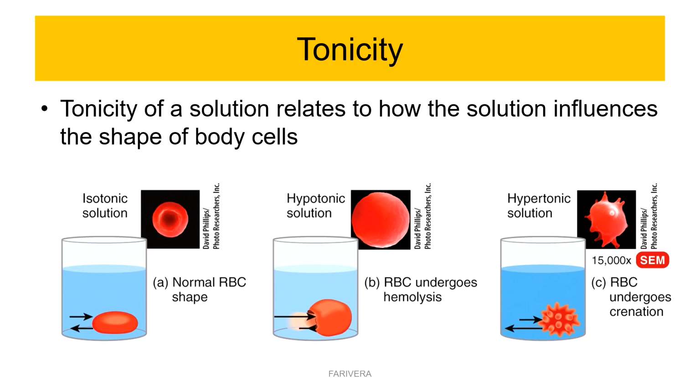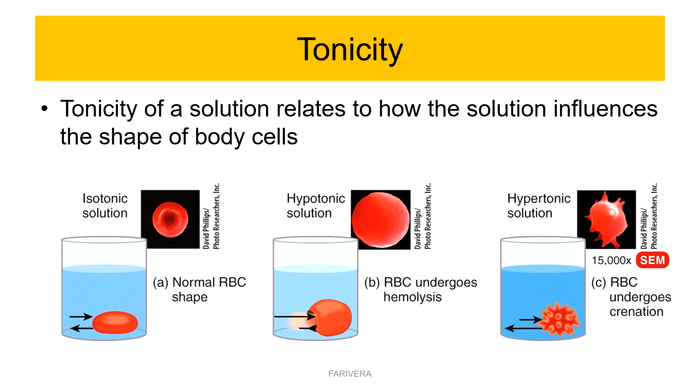With the question a while ago, where will the water move? You have here the concept of tonicity to answer that question. Tonicity describes how a solution influences the volume or shape of body cells. We commonly describe solutions as isotonic, hypotonic, or hypertonic. Look at the red blood cells shown in the illustration.